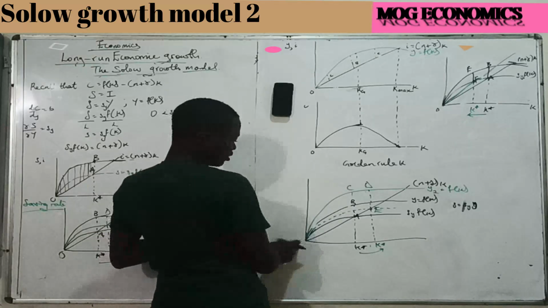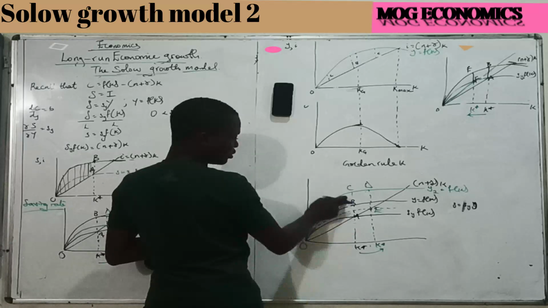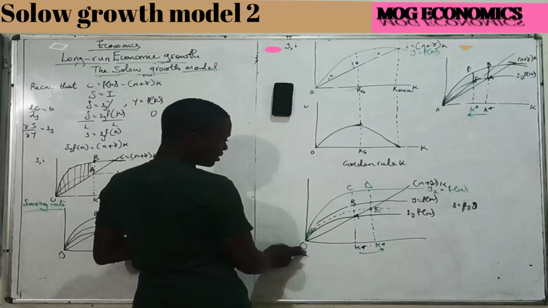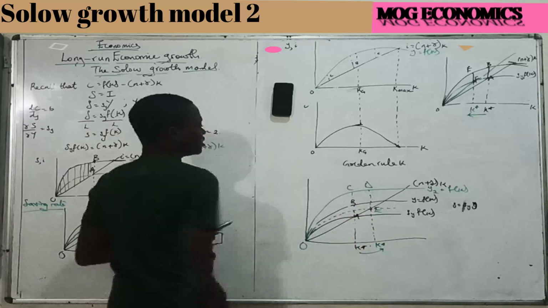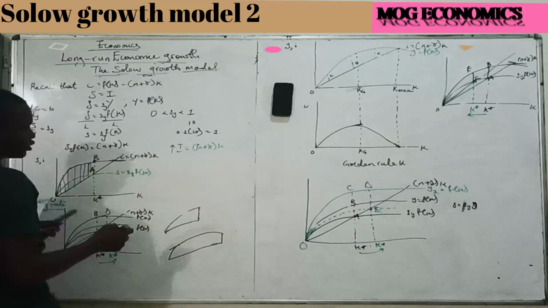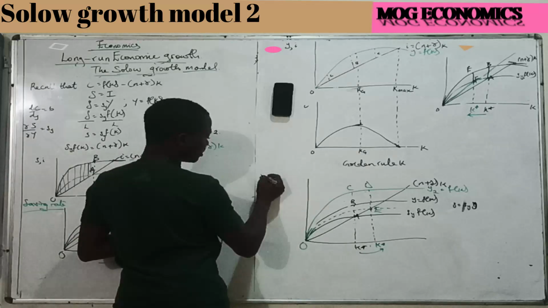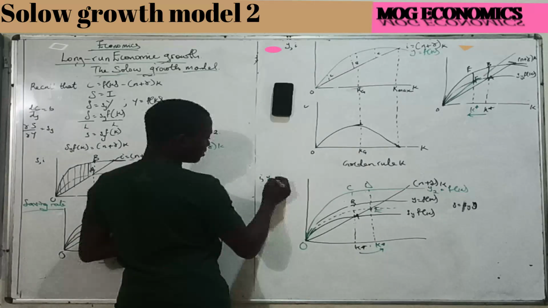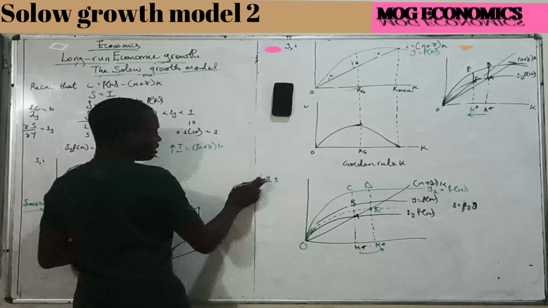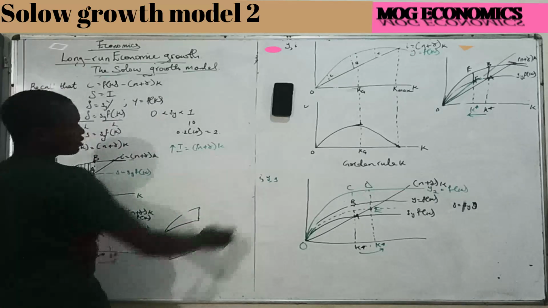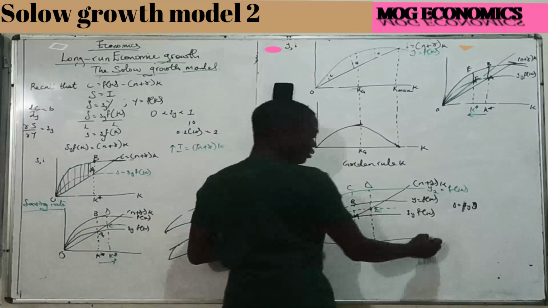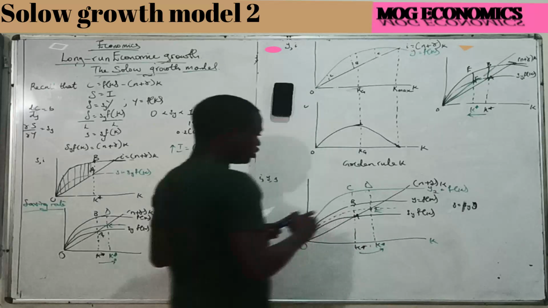Instead of enjoying OAB standard of living, you are now enjoying OET. See the jump start in standard of living. So on this axis, you've plotted investment, output, and saving per worker. Investment per worker, saving per worker. So that's what we have on this axis. You have to know how to properly label your graphs too.